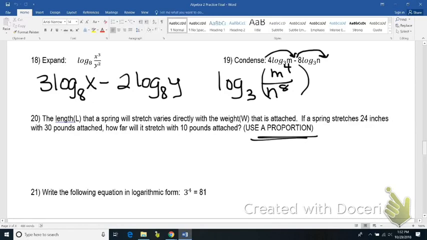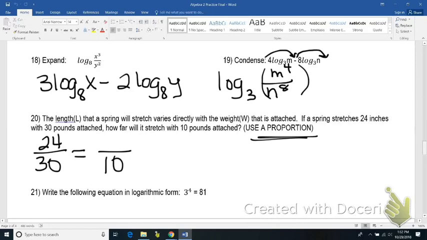20, we get to use a proportion. So I compared length and width. So we have a length of 24, not a width, a weight, sorry. A length of 24 with a weight of 30. And then they give us another weight. So the 10 actually has to go on bottom. So always pay attention to what other number they give you.